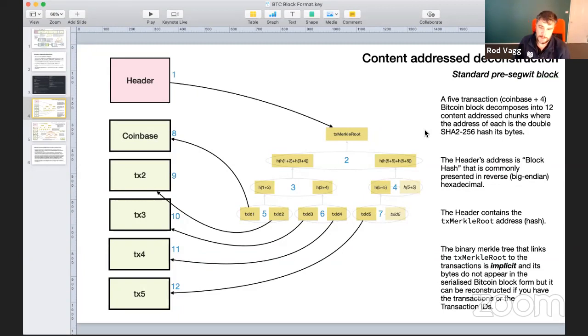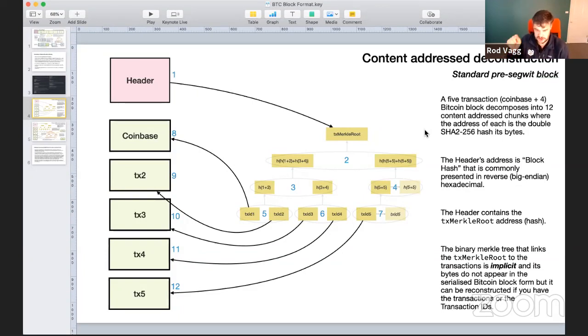So if we take the approach of saying, let's say we want to pull this apart into content address chunks, where the content address comprises the double SHA-256 hash of the chunk, which you can do because Bitcoin uses that to address these chunks.